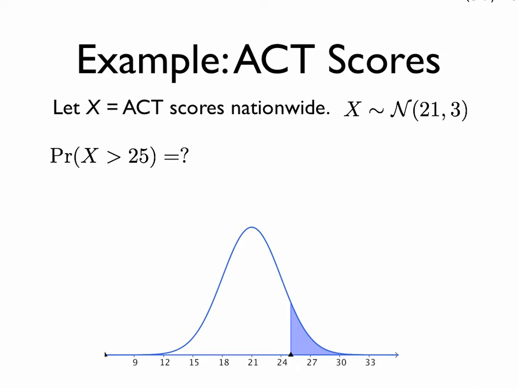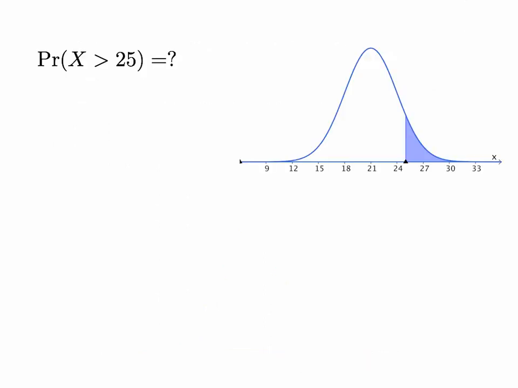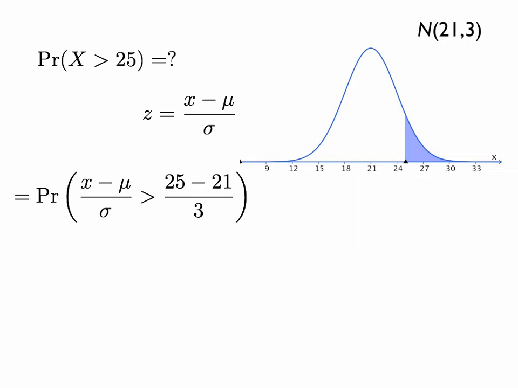So now we can apply that strategy of standardizing scores to the example with ACT scores. Previously, we had this normal distribution where 21 and 3 were the mean and standard deviation. If we take each value of that normal distribution and standardize it, then we can standardize our calculation.